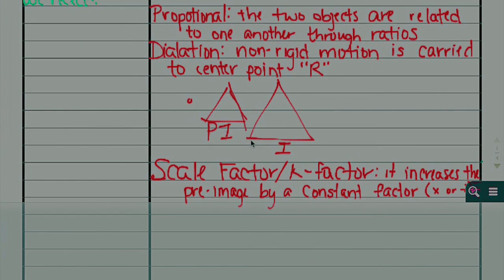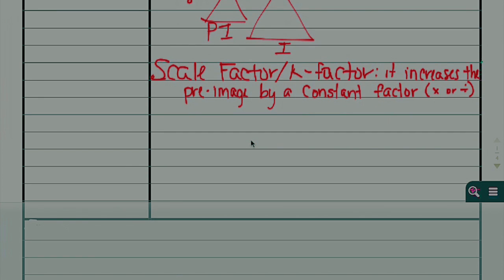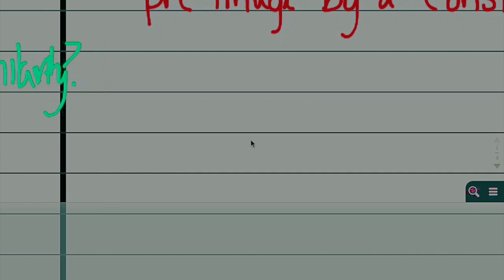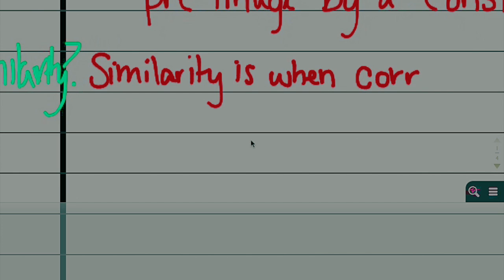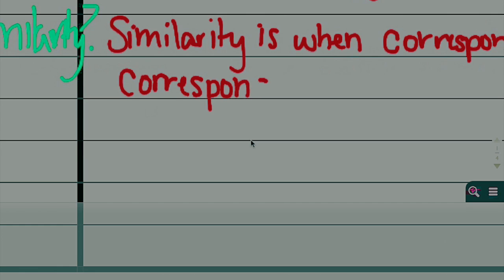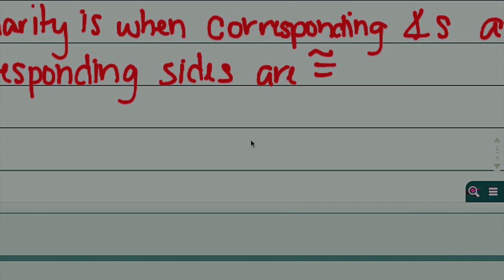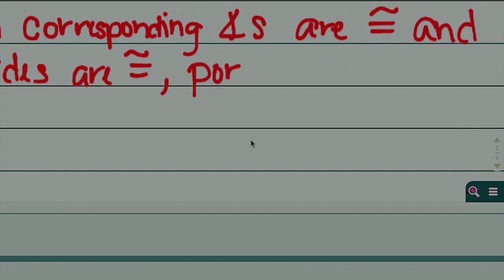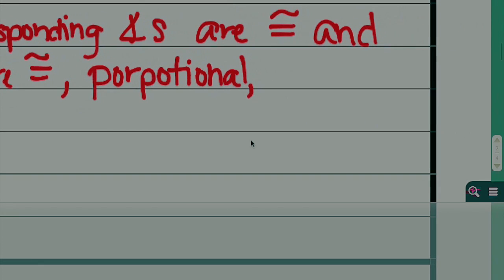So now that we have all of these basic definitions, we can move on, and our next definition that we need to consider is what is similarity. Similarity is corresponding angles are congruent and corresponding sides are proportional to one another.